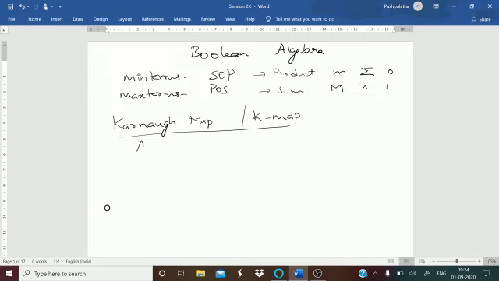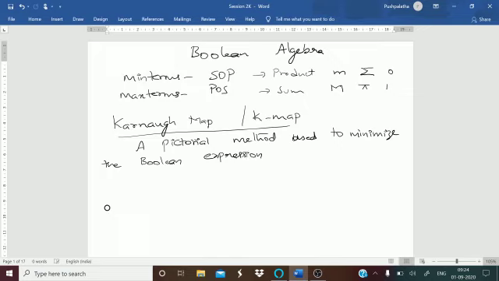K-map is nothing but a pictorial method used to minimize the Boolean expression without having to use Boolean algebra theorems and equations.